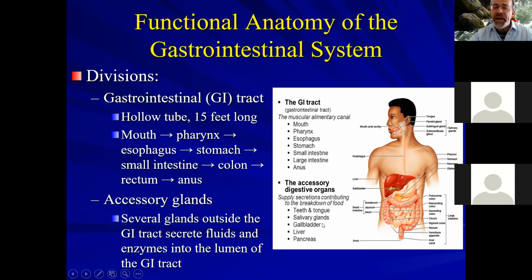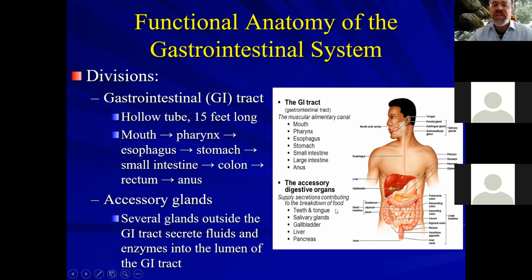We have the gallbladder and liver. Gallbladder and liver are not part of the tract, but through a series of ducts, they squirt bile and other substances into the digestive tract. Pancreas, same thing. Here's the pancreas, squirts material. So these are organs that are not part of that tube, but they're connected to it.